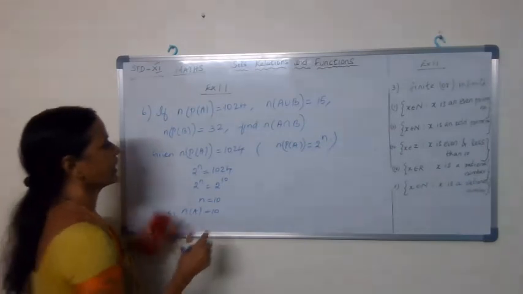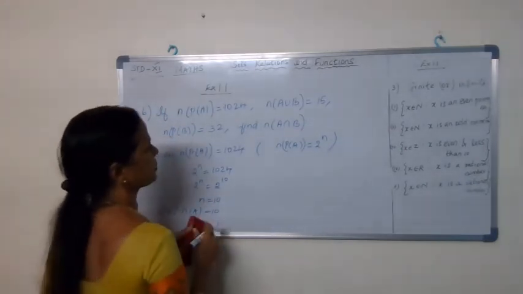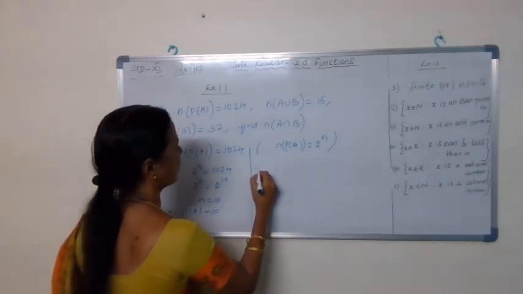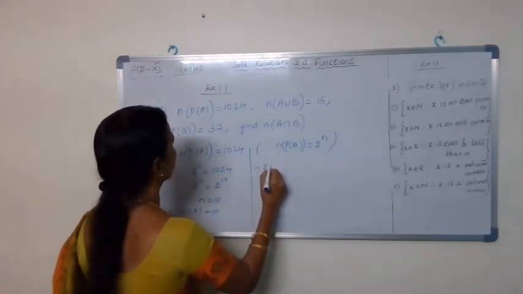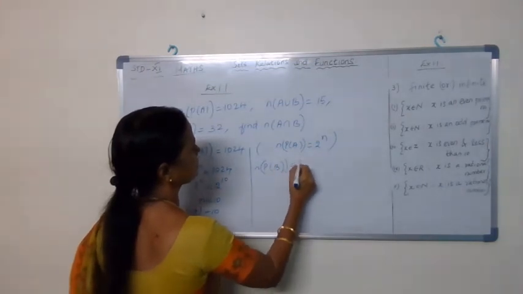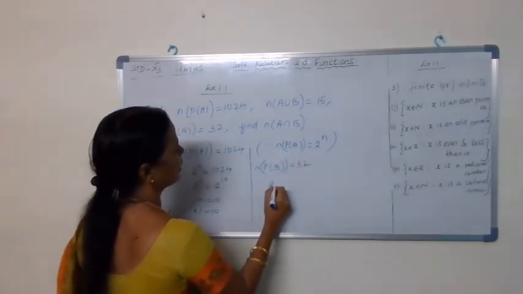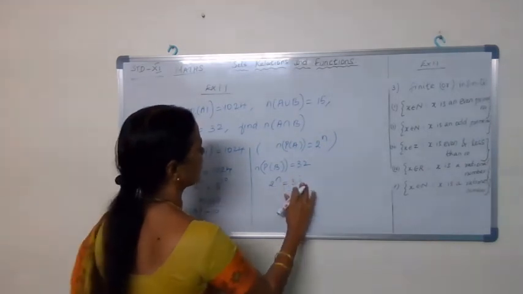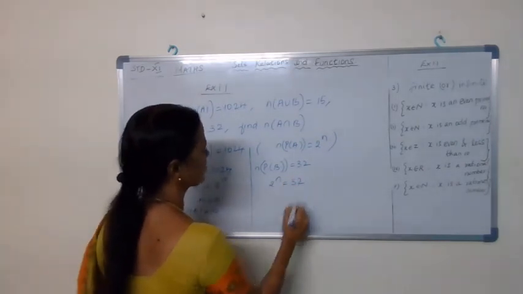Next, n of P of B is 32. By the formula, 2 power n is equal to 32.